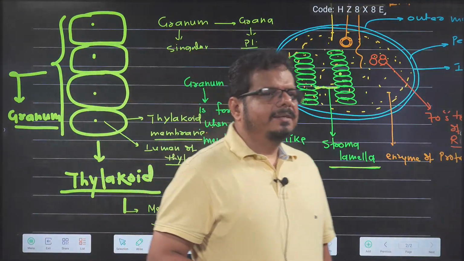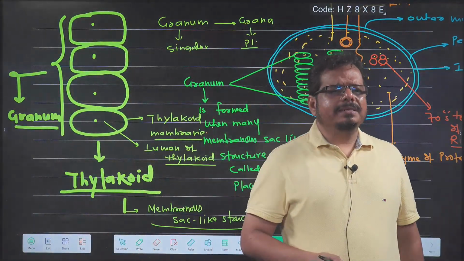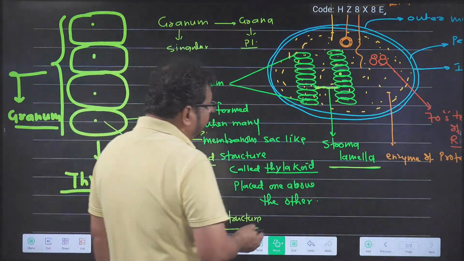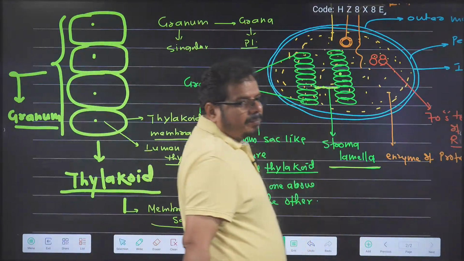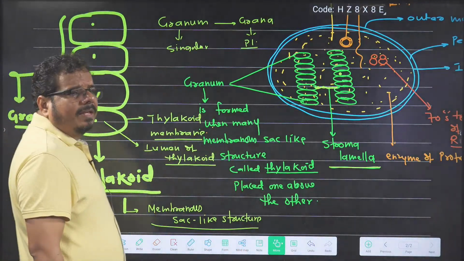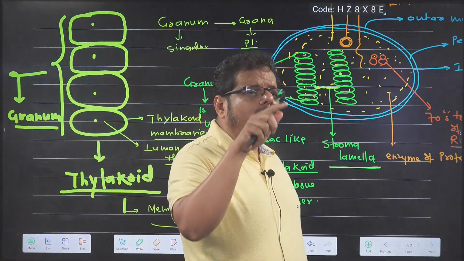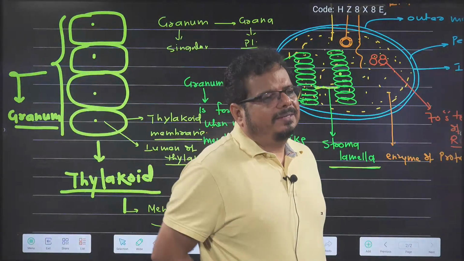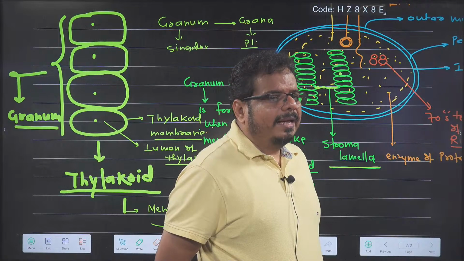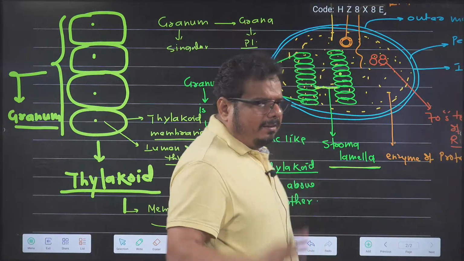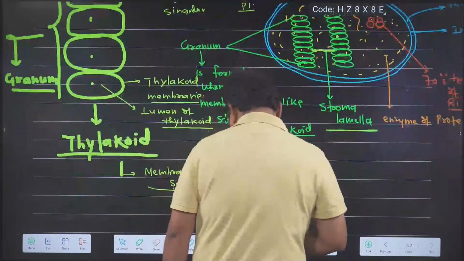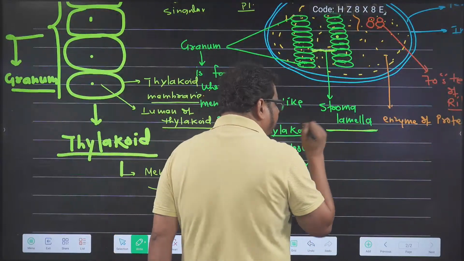Is it done? Now I am just telling you, to draw your attention, that NCERT made some mistake here. If you read NCERT carefully, they wrote intergranal thylakoid. Actually we use the term intergranal thylakoid for stroma lamella.